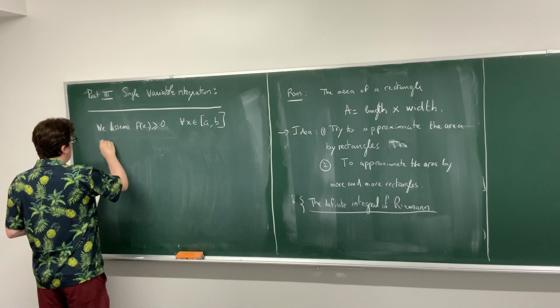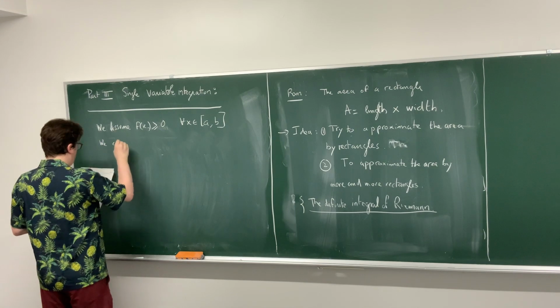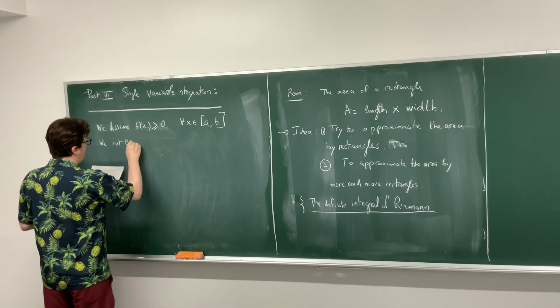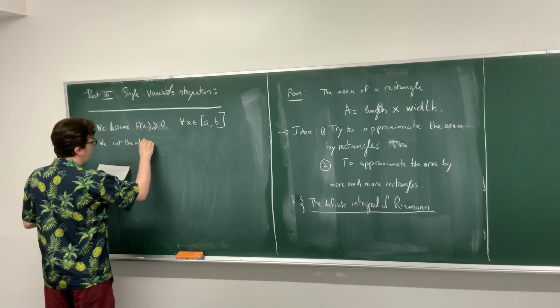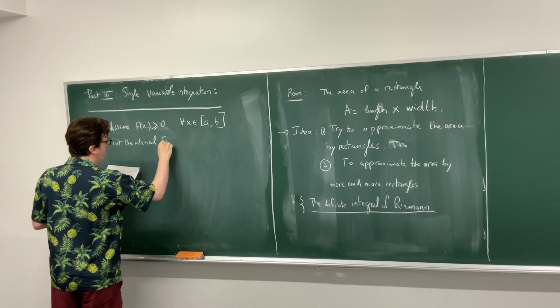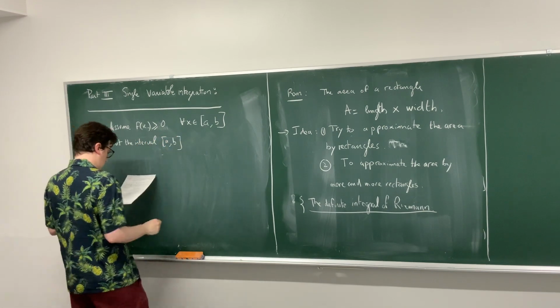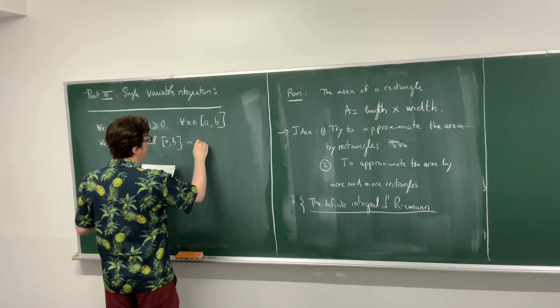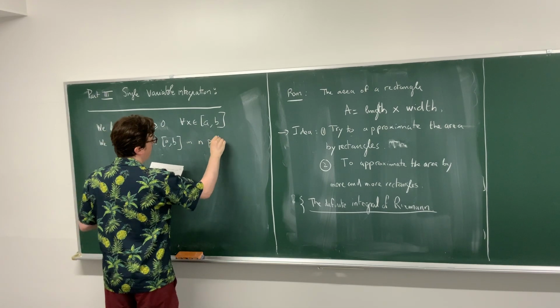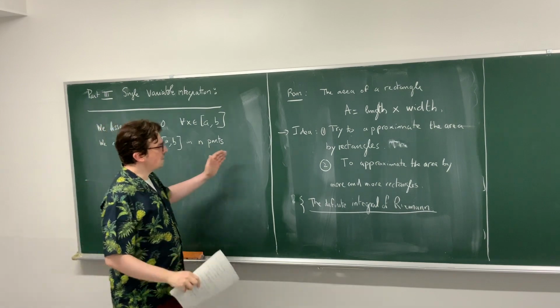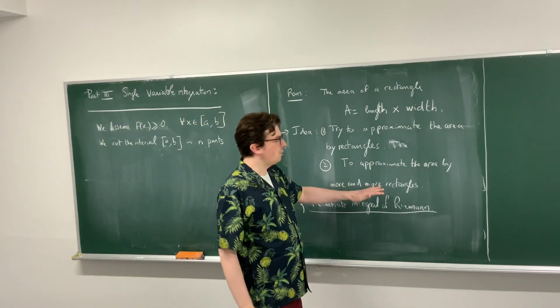So the method is that we cut the interval AB in n parts. So the translation of more and more rectangles, right?